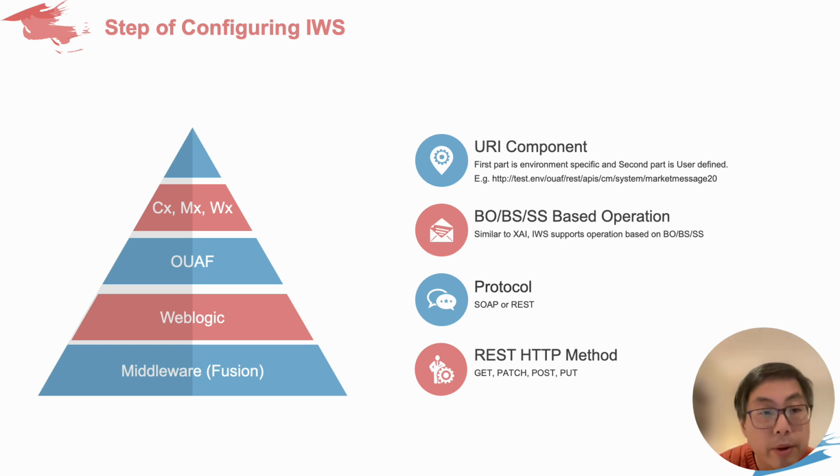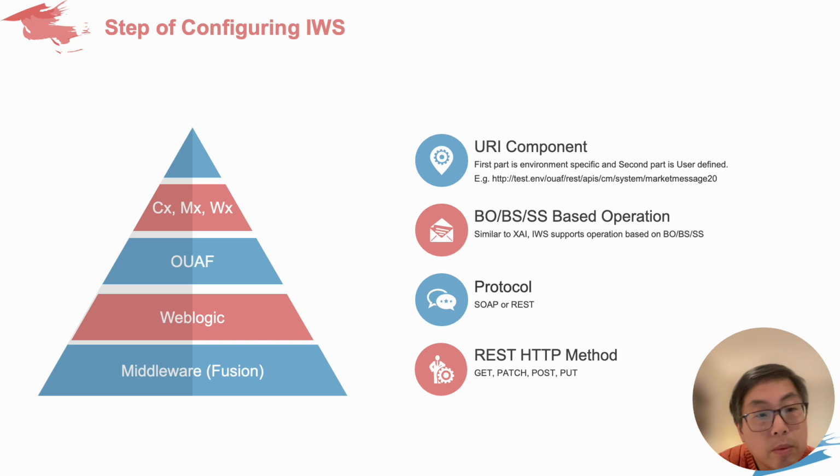And on top of OUF, you could have the CX, MX, WX. Normally they are the CCNB framework or the data layer, which is the MDM part, and then the W normally means field work, or it could be just the web service interfaces.